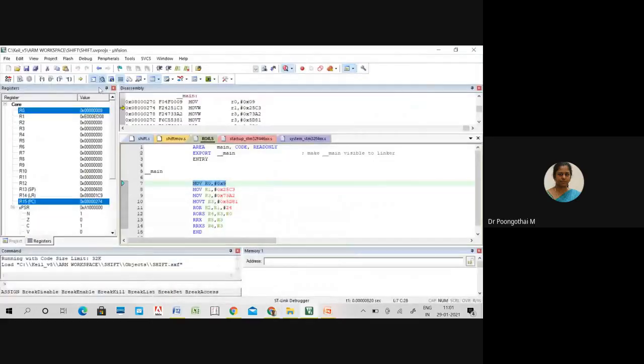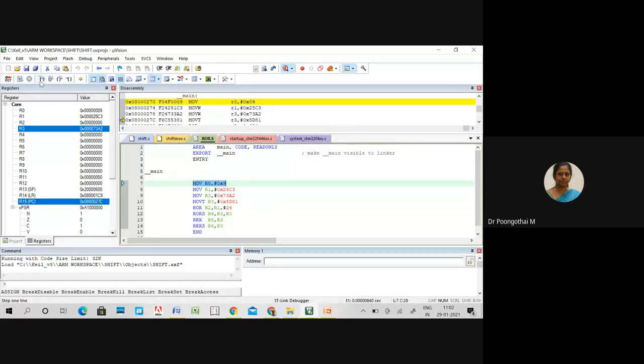Okay. So first, according to your first instruction, your R0 is loaded with 09. And next, I will execute the next instruction, your R1 is loaded with 25C3. And according to the third instruction, your R3 is loaded with 7382.